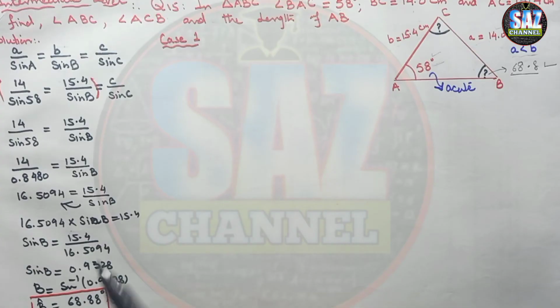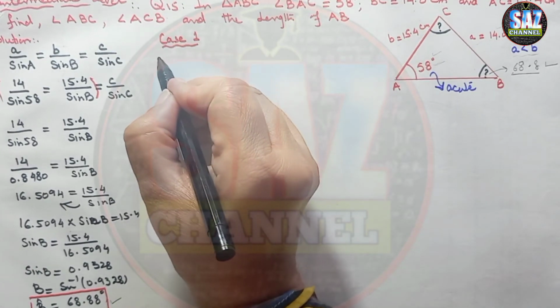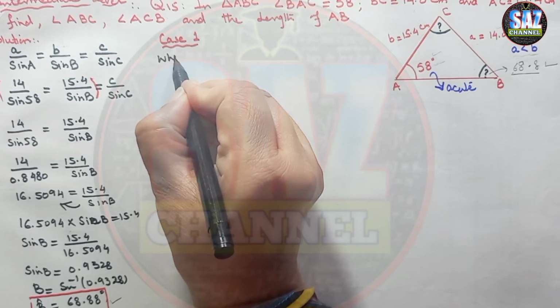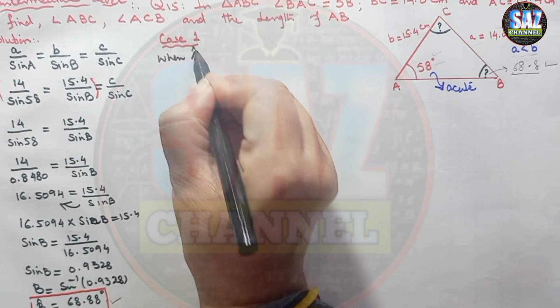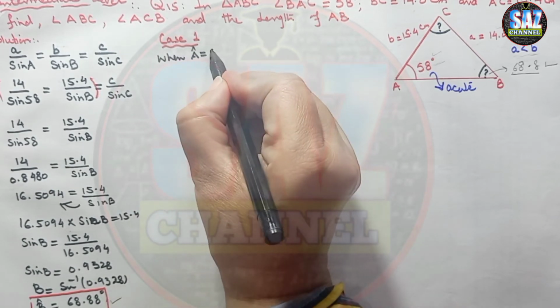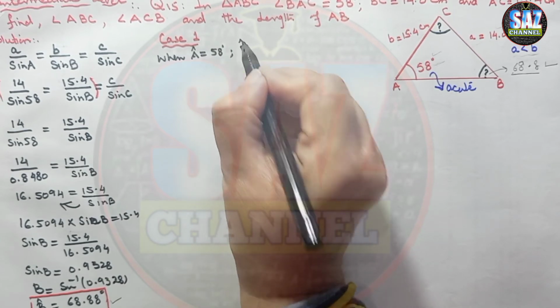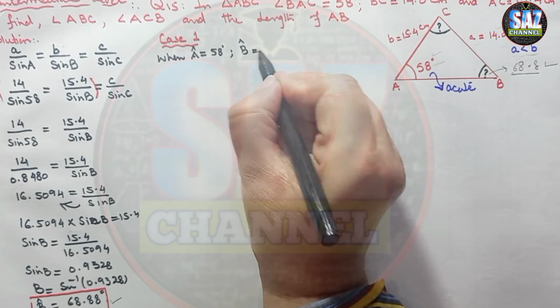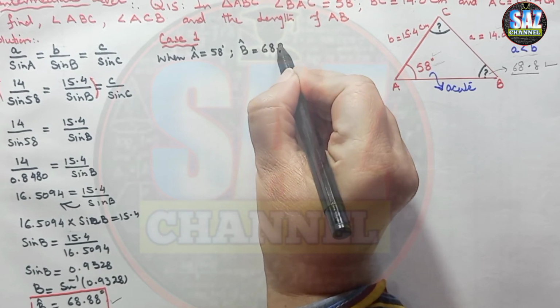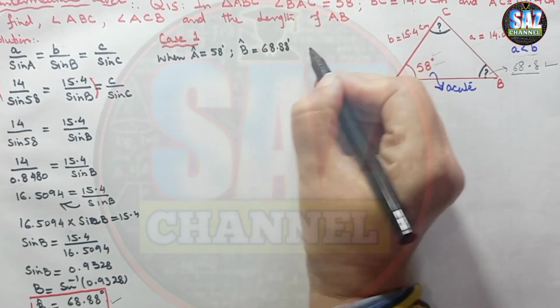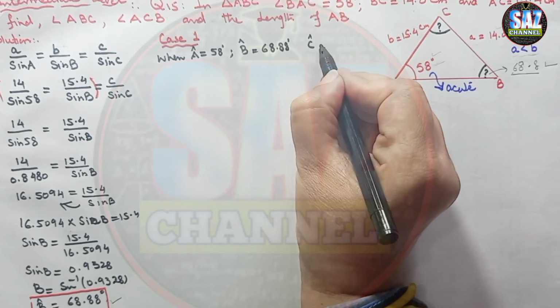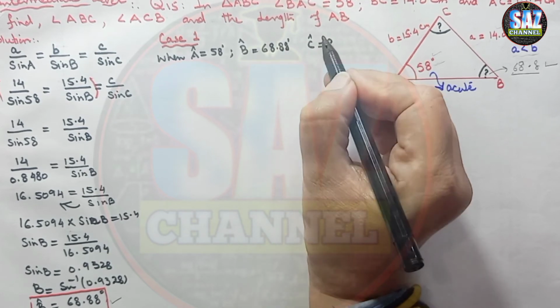When angle A is 58 degrees and angle B is 68.88 degrees, what will be the value of angle C? We can first find that out.